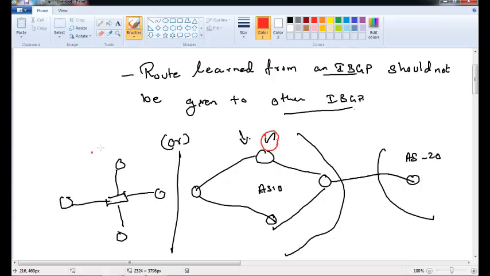But when we have this type of topology, there are chances for a loop. How? Let's say an update is coming to this router. The update that comes here will be given to this, this, and this, because they are connected to a layer 2 switch.